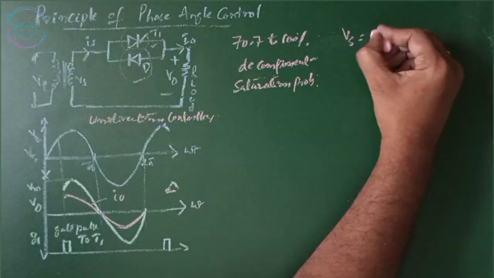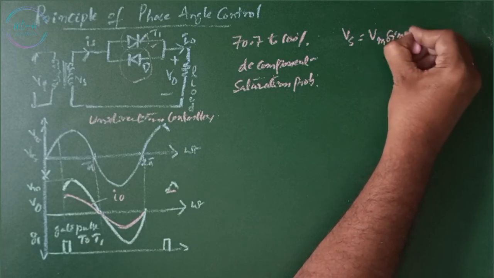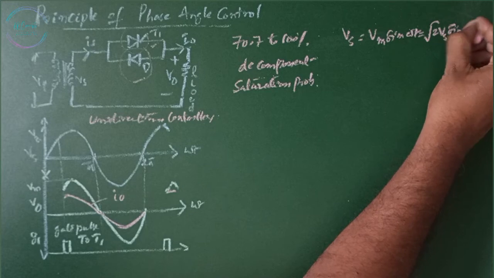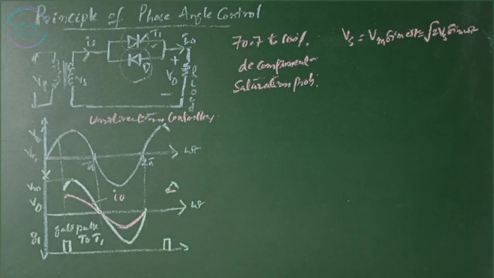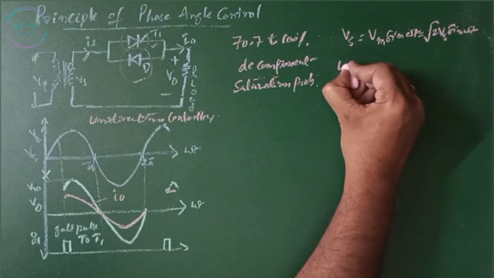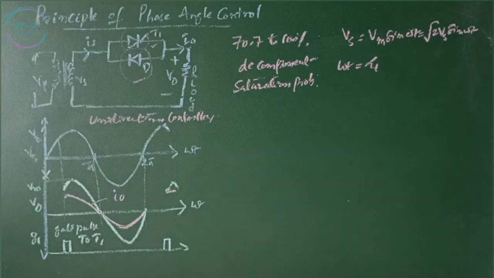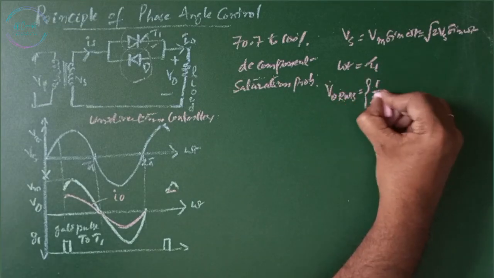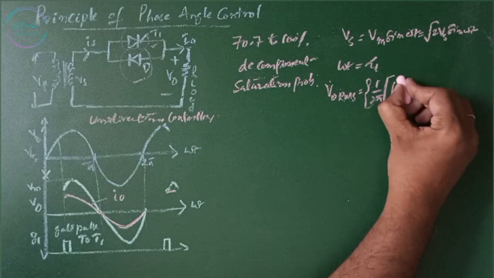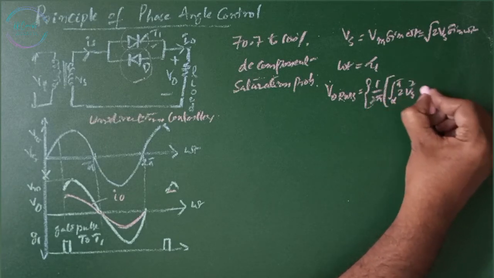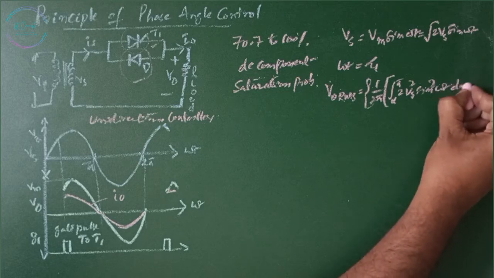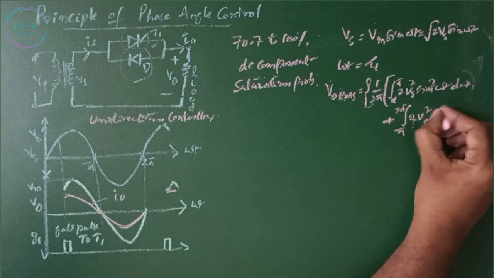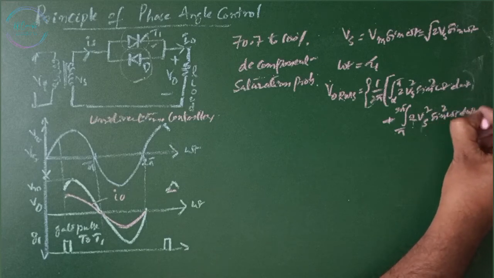We have Vs equals Vm sin omega t, which equals root 2 times Vs sin omega t. The input voltage and the delay angle of thyristor T1 is omega t equals alpha. Then the RMS voltage V0 RMS is given by the square root of 1 by 2 pi times the integral from alpha to pi of 2 Vs square sin square omega t d omega t, plus the integral from pi to 2 pi of 2 Vs square sin square omega t d omega t.